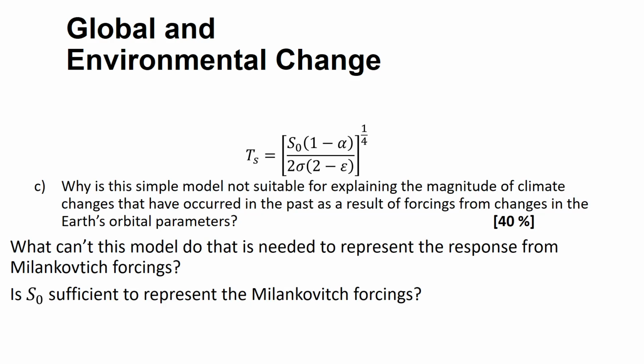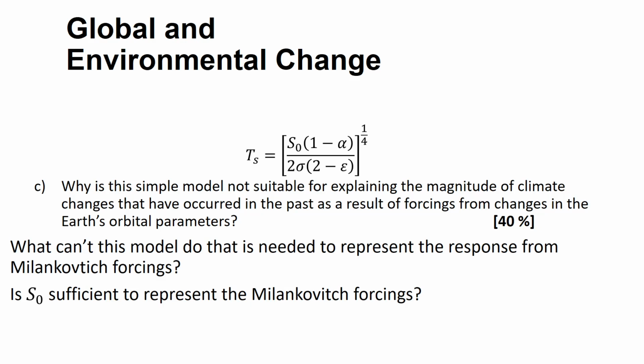When we've got maybe a more elliptical orbit during one part of the year, we might be further away, so S0 might be lower. When we're closer to the sun during the other part of the year, S0 will be higher. So another way of asking the question might just be this thing at the bottom here. Is S0, the solar flux, sufficient to represent the Milankovitch forcings?